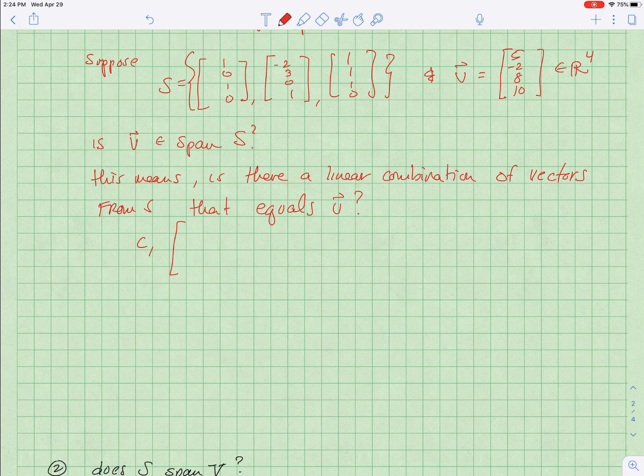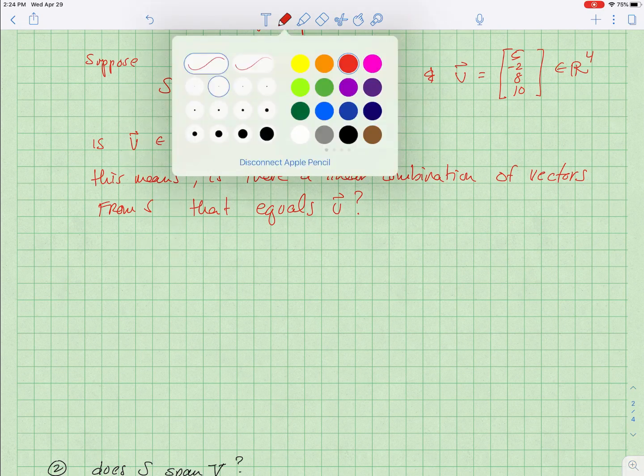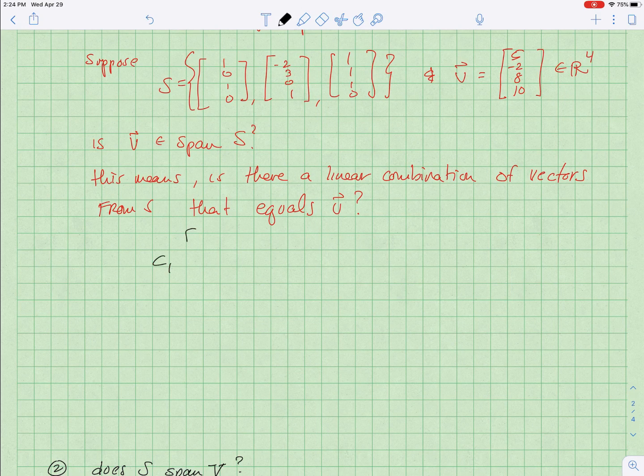So that would look like this: c1 times (1, 0, 1, 0) plus c2 times (-2, 3, 0, 1) plus c3 times (1, 1, 1, 0) is equal to (5, -2, 8, 10).